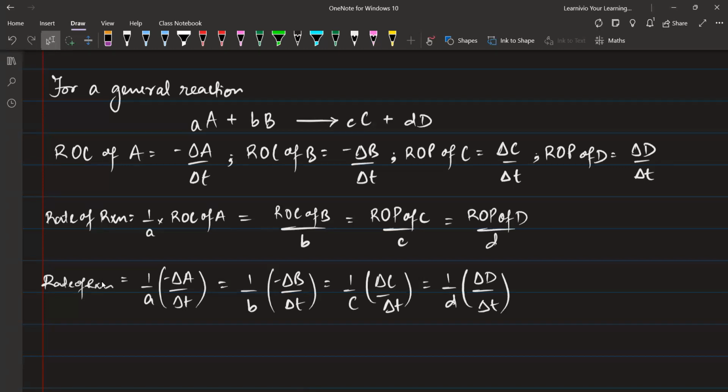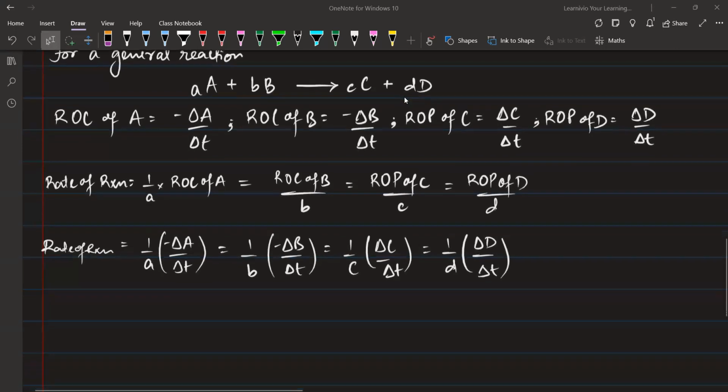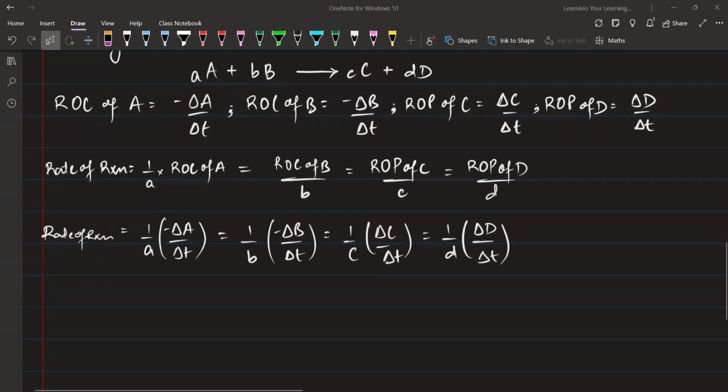तो जिस तरह से हमने किया ना फॉर अ जनरल, I will give you one reaction, उसके लिए भी सेम चीज आप कीजिएगा, but that reaction will not be general, that will be a specific reaction. ठीक है, जल्दी जल्दी, hopefully you are writing with me. तो एक सवाल लिखिएगा. Write rate of consumption, rate of production and rate of reaction for the following reaction.